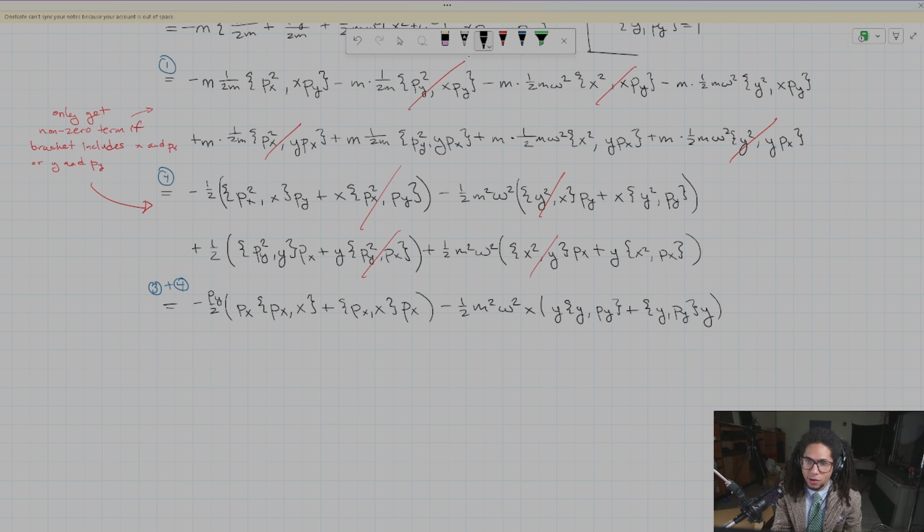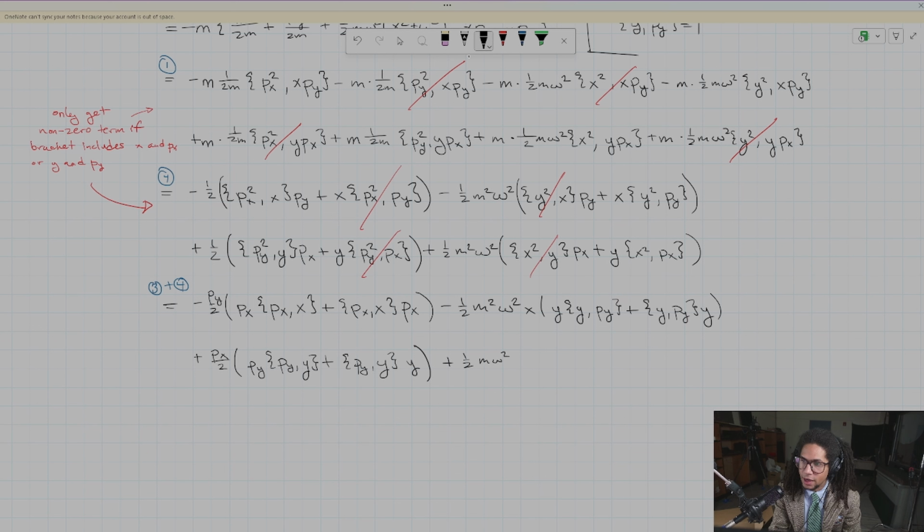Okay, third term, here I'm going to pull out a px, so I get plus px over 2 times py bracket py y plus py y bracket y, and then another plus 1/2 m omega squared.